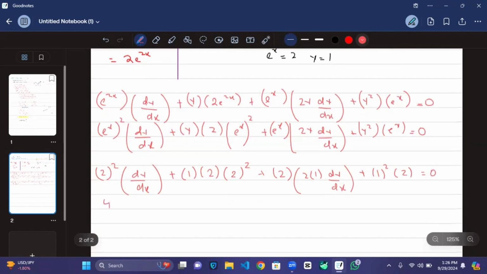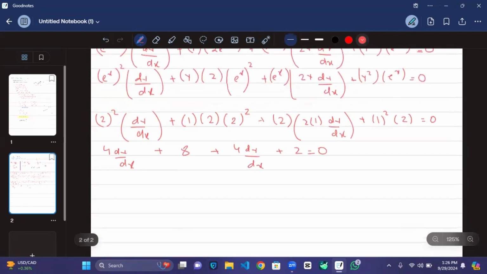It will become 4 dy over dx, it will become 8, and it will become plus 4 dy over dx and it will be plus 2 is equal to 0. So now add both of these, 4 dy over dx plus 4 dy over dx, it will become 8 dy over dx, and 8 plus 2 is 10, is equal to 0.